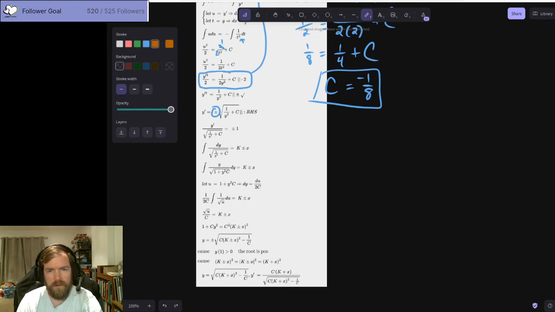What's going on there? Something does not like my computer right now. What is going on? Maybe it's just Discord. I can't click anything. I can right click, but I can't left click.